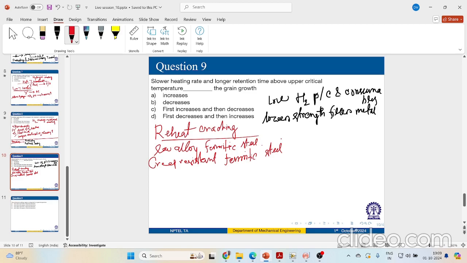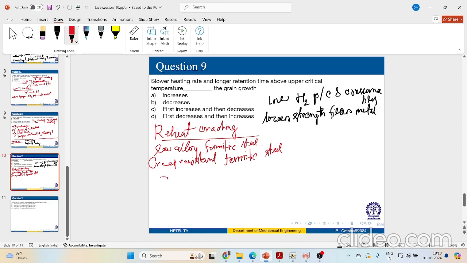Okay. Now, there is some empirical formula. If you remember, we once discussed empirical formulas in your weldability structure. So here also there is an empirical formula which was developed by researchers.